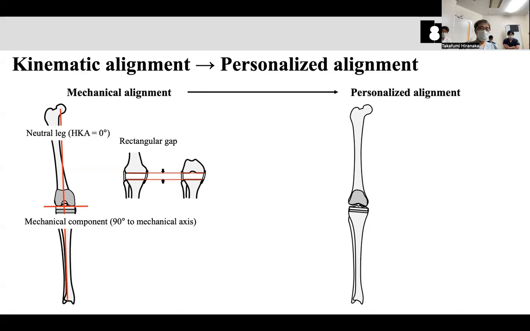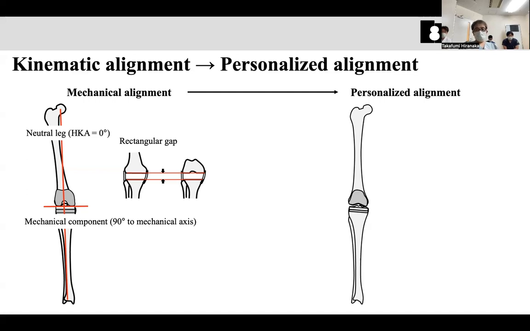That means that the goal, in this concept of personalized alignment, is to aim at the patient-specific goal, the patient's ideal or native natural alignment, joint line and ligament balance.